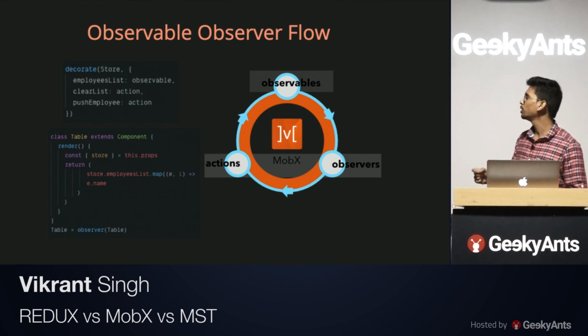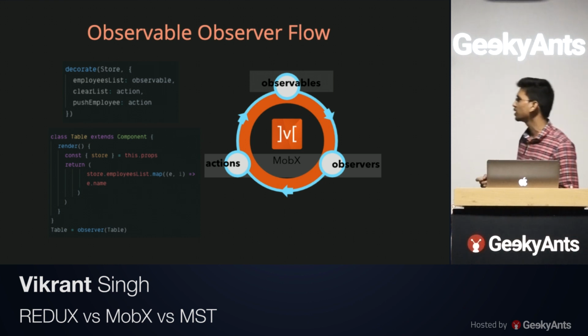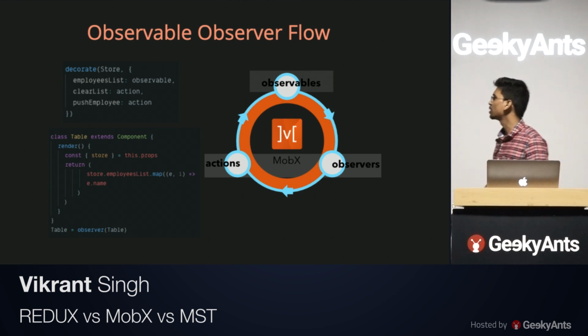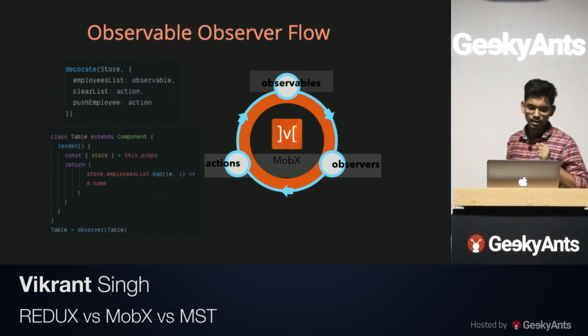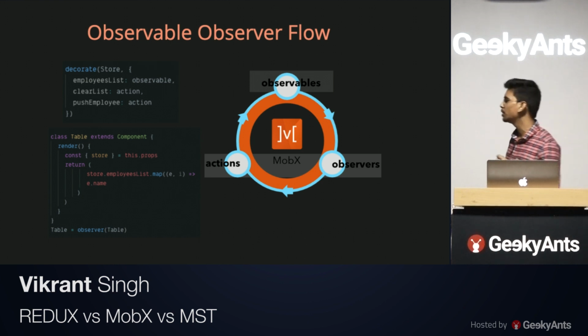So here employee list can be mutated and is acting like an array, or you can say object. So it is wrapped by the observable capacities, and all those components that are making use of that state which can be mutated are to be wrapped inside the observer decorator.